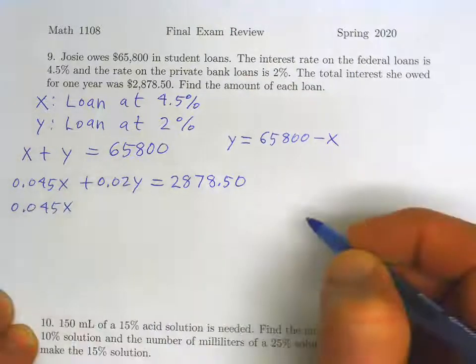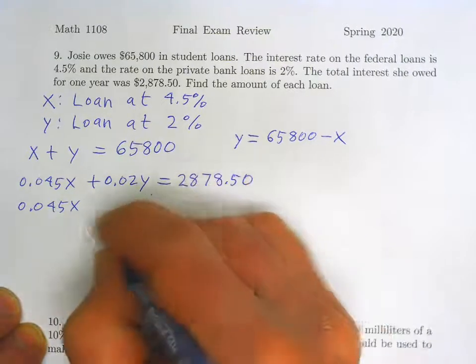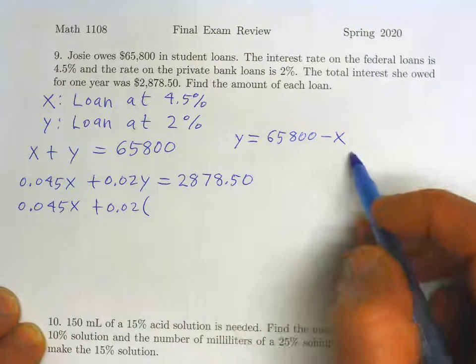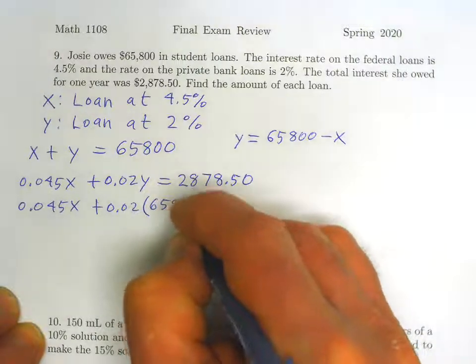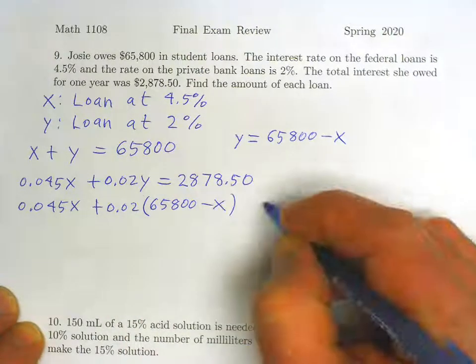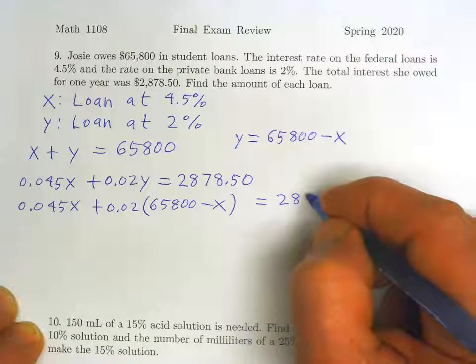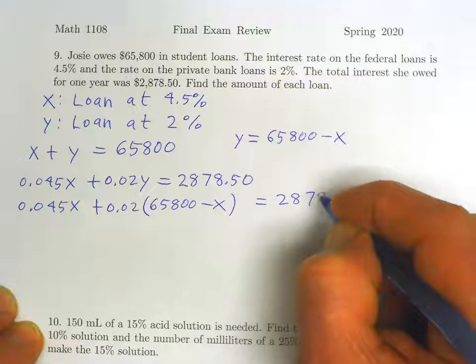0.045X plus 0.02 times this quantity, 65,800 minus X, and that's equal to $2,878.50.